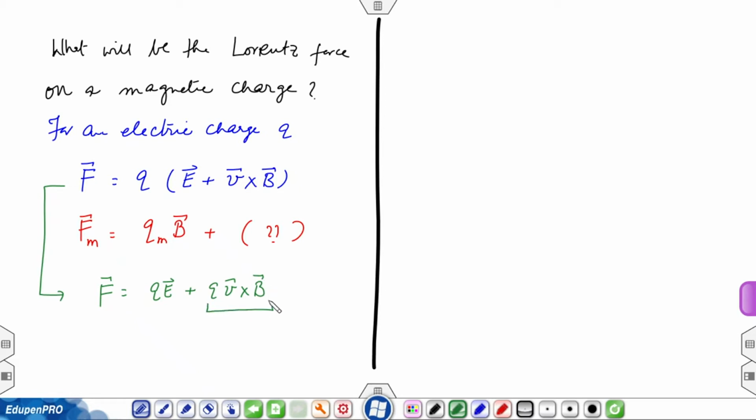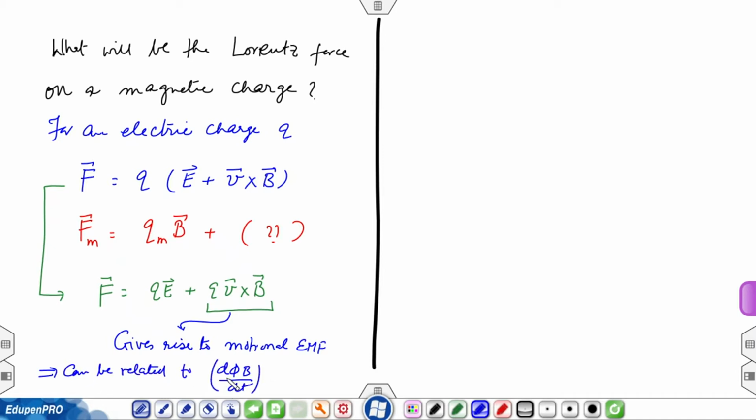One possible way I can think of this is, this gives rise to motional EMF, and therefore, can be related to d phi b dt, and we will use that analogy.